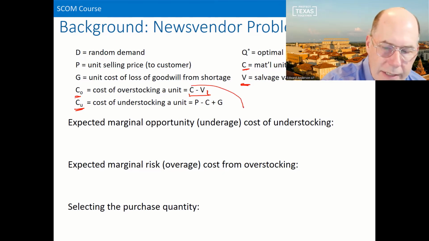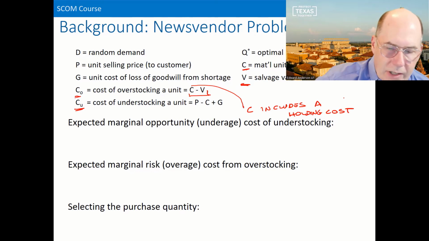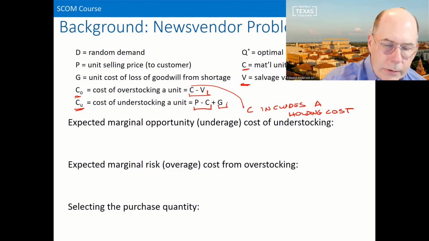Note again, C includes a holding cost, if it's significant. And then the cost of understocking a unit is the loss of our potential profit plus the goodwill cost.